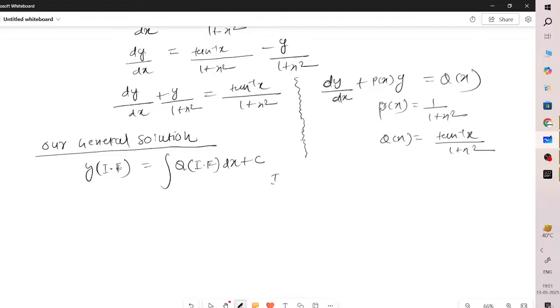The integrating factor, IF, is always e raised to the integration of P(x) dx. And in this question, what is our P(x)? This is 1 by 1 plus x square.